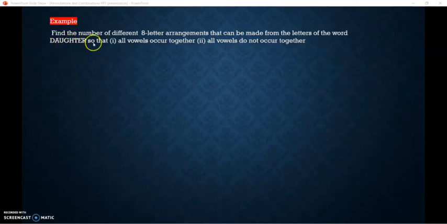Isn't it? There's no letter repeating here. Okay, so it's not the third formula. It's a permutation question. Okay. Now, first of all, in how many ways can I form eight-letter words out of the letters of daughter? It's exactly 8 into 7 into 6 into 5 into 4 and so on up till you reach 1.